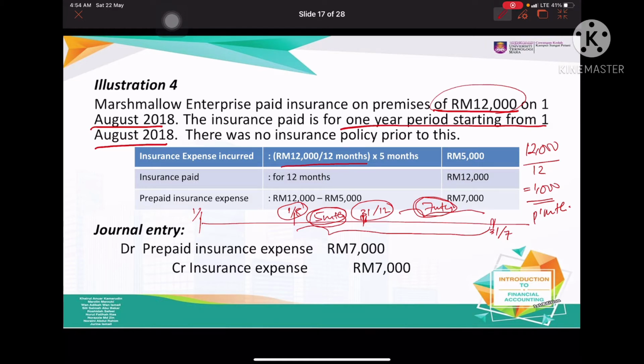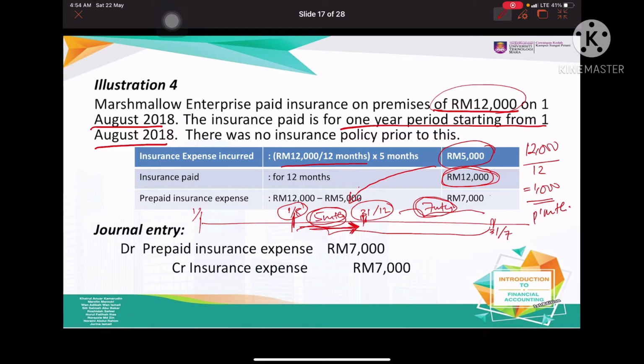So have a look before we come to journal entries. We paid our insurance of 12,000. From the 12,000, 5,000 is for the current period, which belongs to 1st August until 31st December.